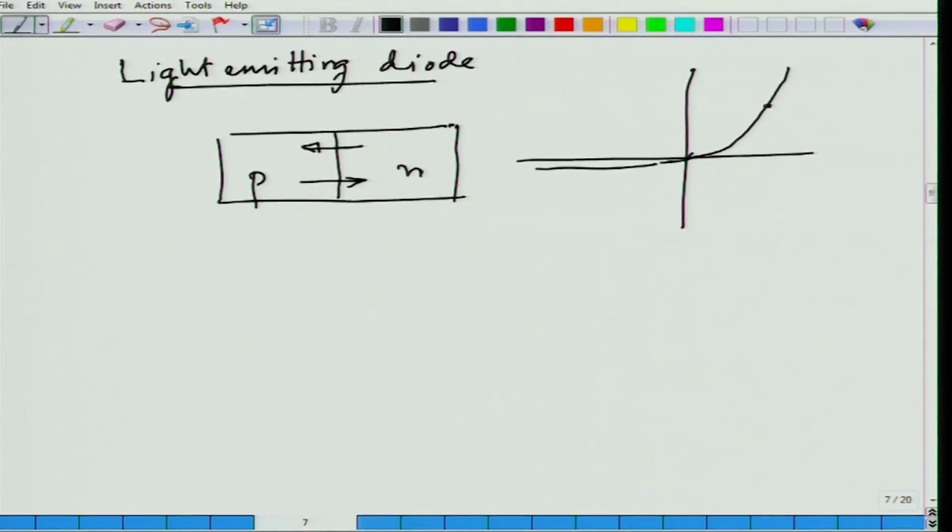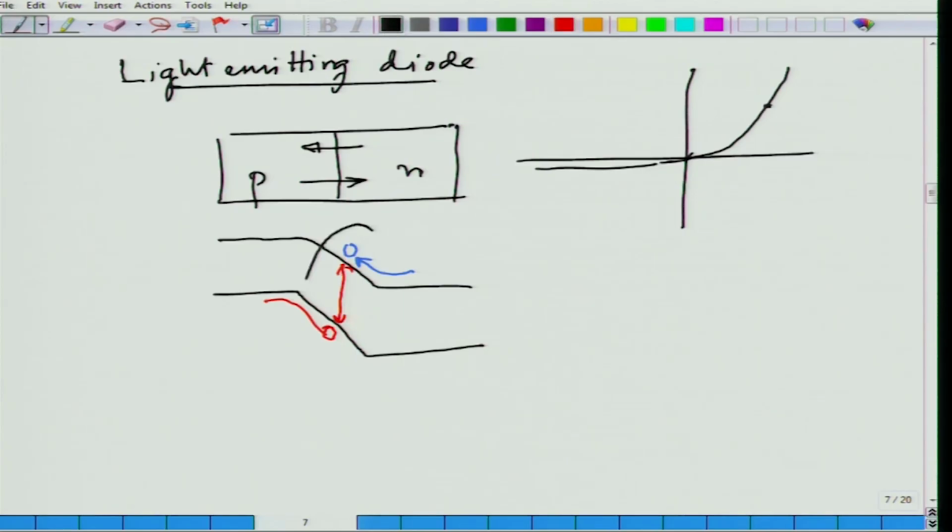An electron which is moving in this direction comes here. At the same time, a hole which is moving in this direction in forward bias, when they come in proximity, they can recombine, generate an exciton and bring out light, a photon, and this is light emission.